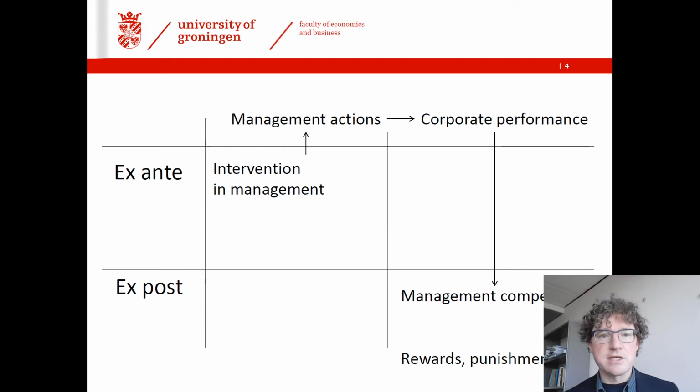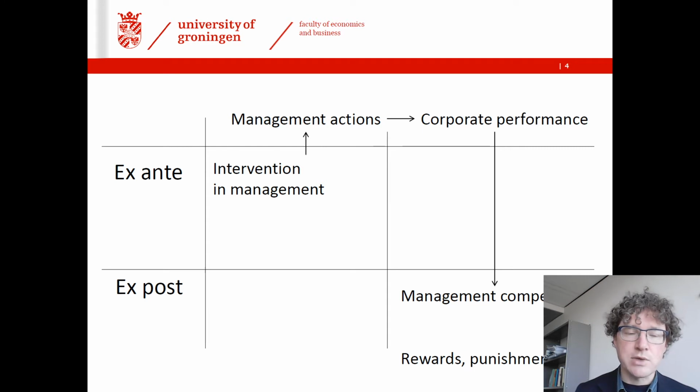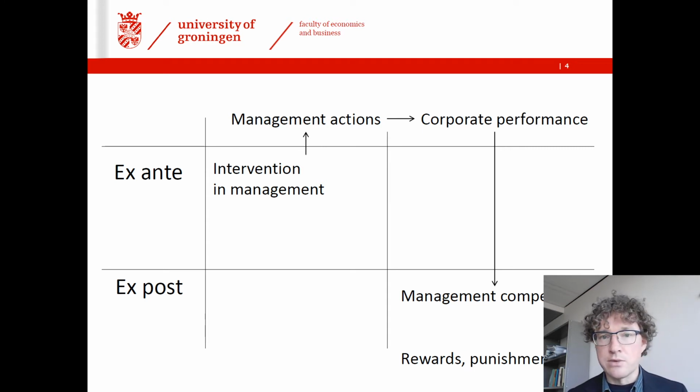So looking at this figure here, we see the first row is the ex ante monitoring, so the active monitoring consists of intervention in management. So what happens if you intervene in management, then you reduce the scope for suboptimal, from an investor point of view, management actions, with the hope of improving corporate performance.